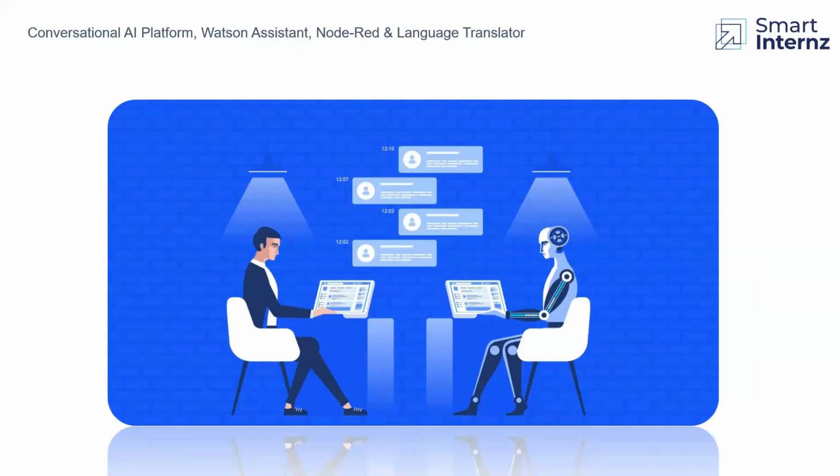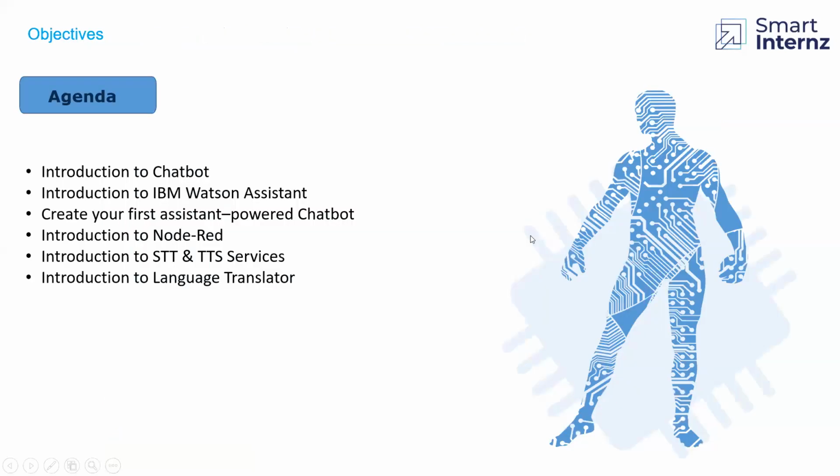First of all, we will understand what is conversational AI, what is a chatbot, and how we can create a chatbot using the IBM Watson Assistant service. We will create our first assistant chatbot, for a restaurant.